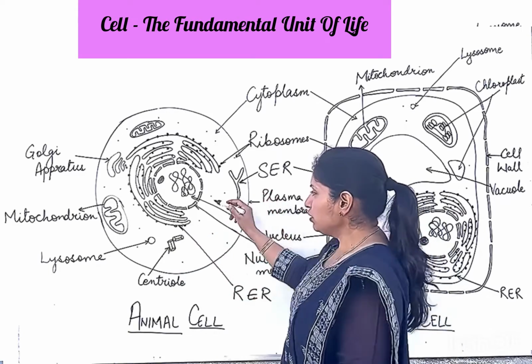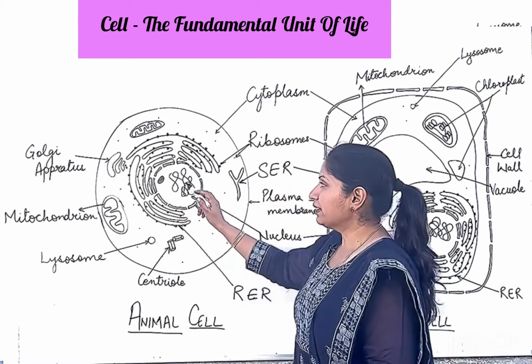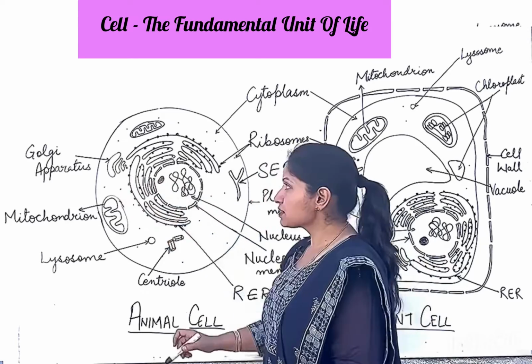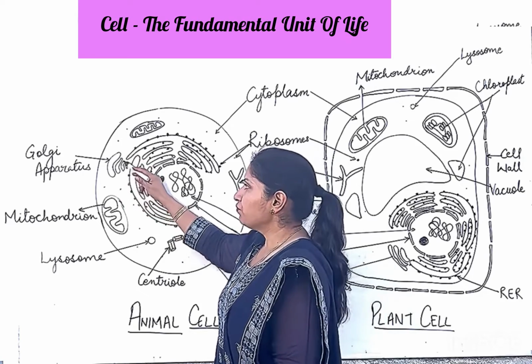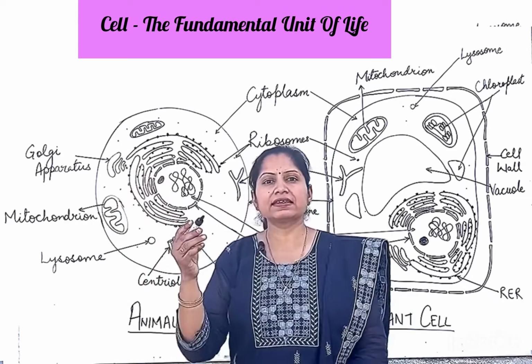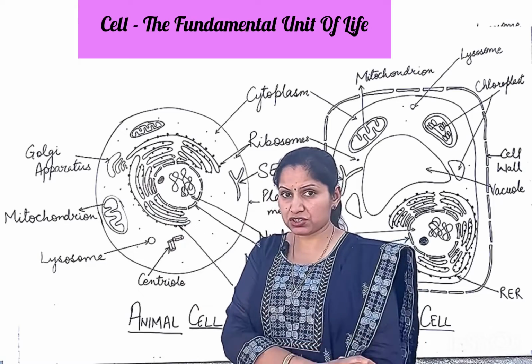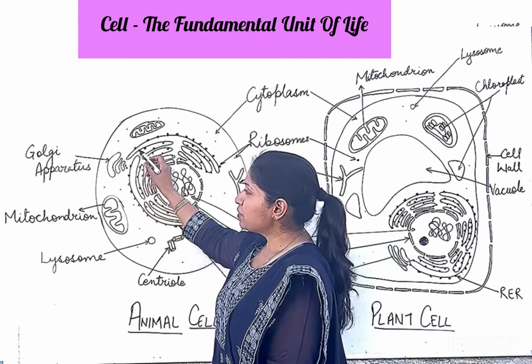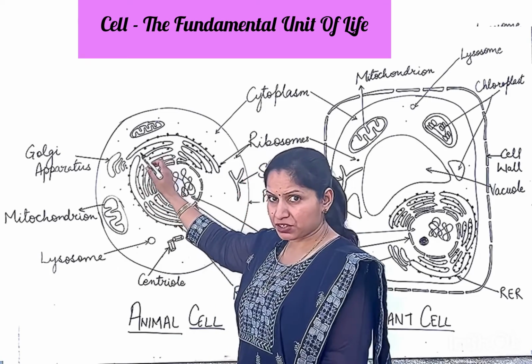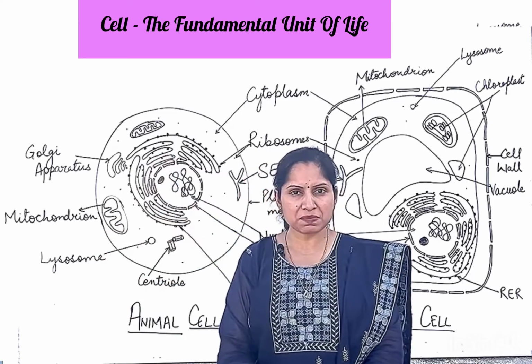Now, coming to another cell organelle, that is the Golgi apparatus. Golgi apparatus is made up of different vesicles or cisterns that are arranged parallel to each other, and the Golgi apparatus is present close to the endoplasmic reticulum. Why is it present close to the endoplasmic reticulum?